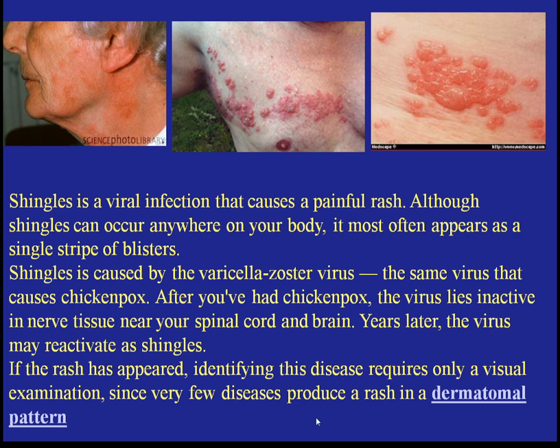If the rash has appeared, identifying this disease requires only a visual examination, since very few diseases produce a rash in a dermatomal pattern. So, in this case, for example, we know this is level TH3 because the mammilla line is TH4. This is TH3. So, the affected spinal ganglion is the TH3 spinal ganglion.